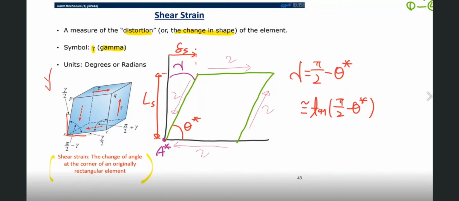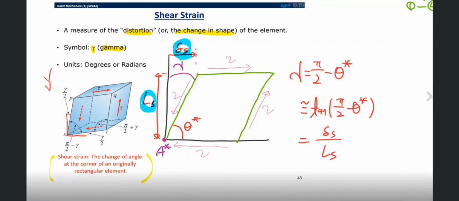I write down here like this. Okay. And basically we know that the tangent of pi over 2 minus theta star is equal to, using the geometrical condition, using this and this, delta S over Ls, right?